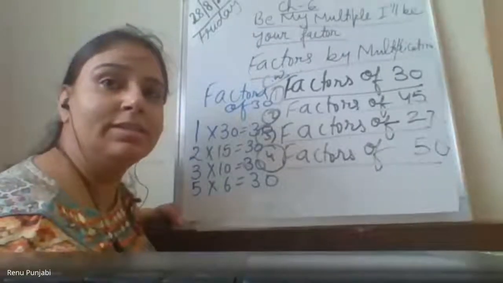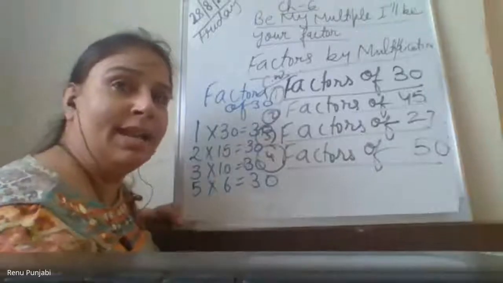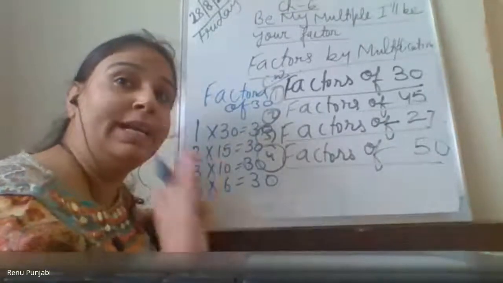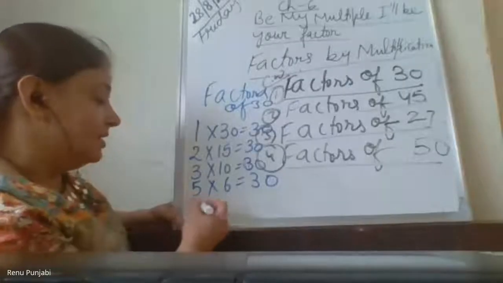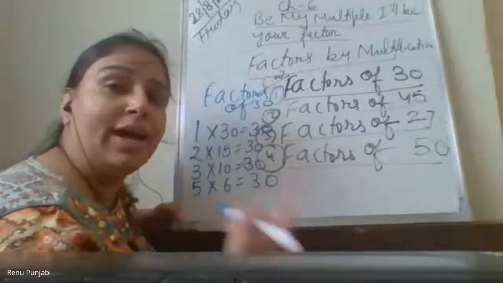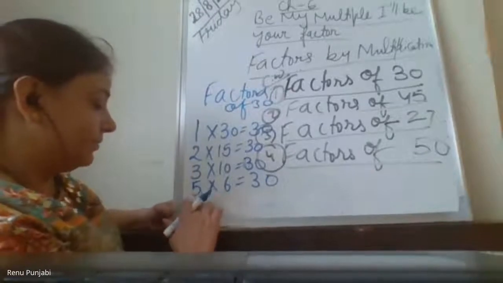No, ma'am. In the table of 9? No, ma'am. So what is the last table? We will check only till 10. 6 5s are 30, which means it is repeating, right? Now it is repeated, so we will not take it. So we take 10 3s are 30.